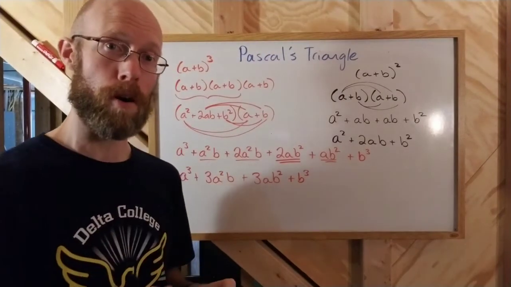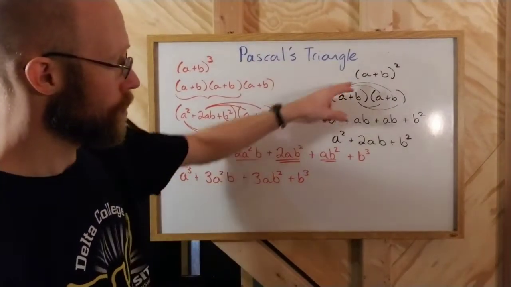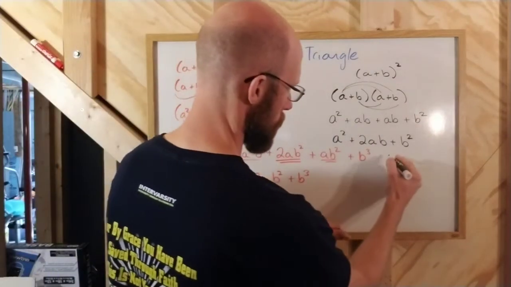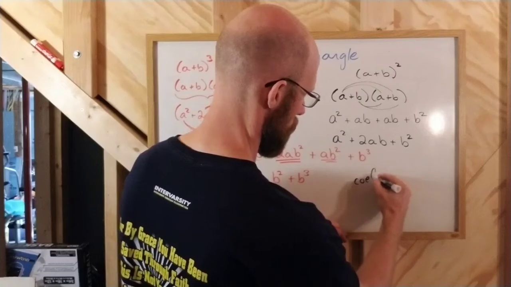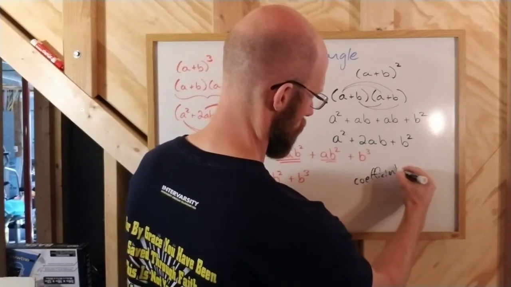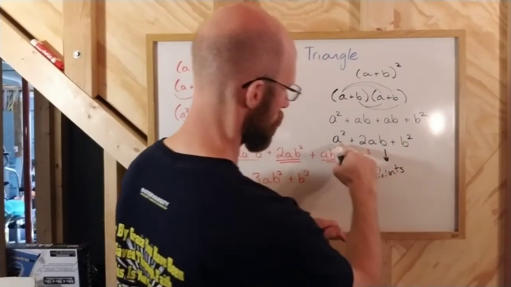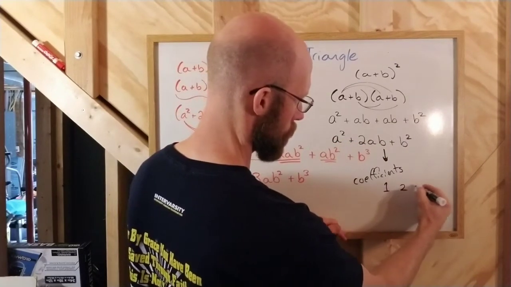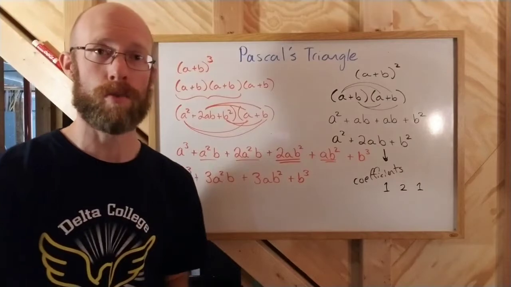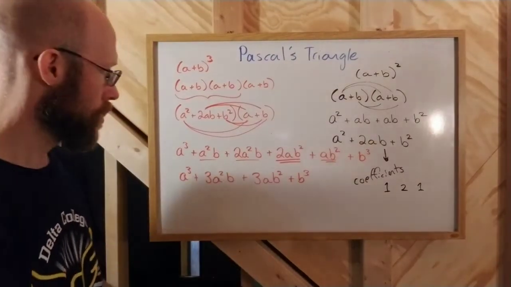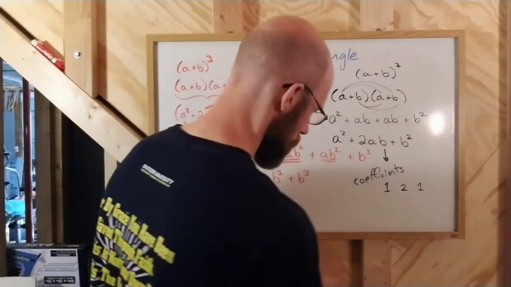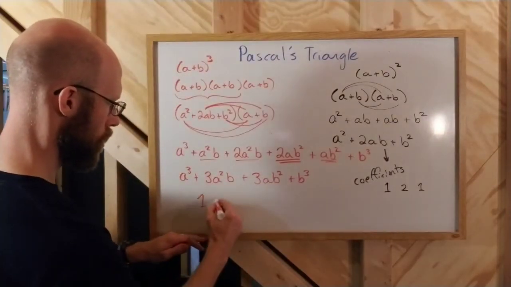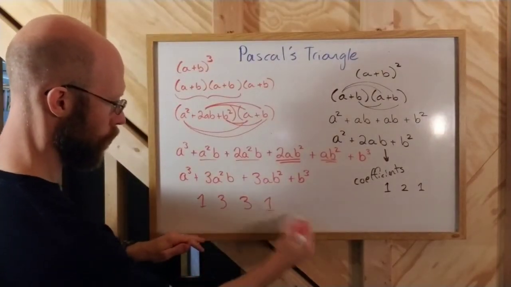Coefficients are the numerical part of each term. For instance, on the a plus b squared, the coefficients are 1, 2, and 1. Right? Those are the numerical parts of those 3 terms. With the a plus b cubed, the coefficients are 1, 3, 3, and 1.